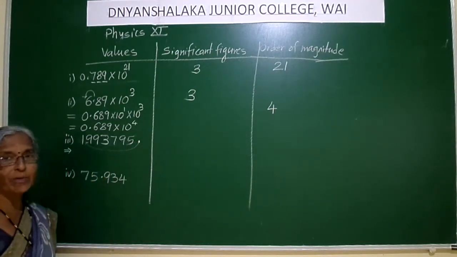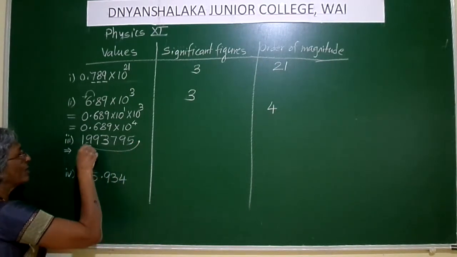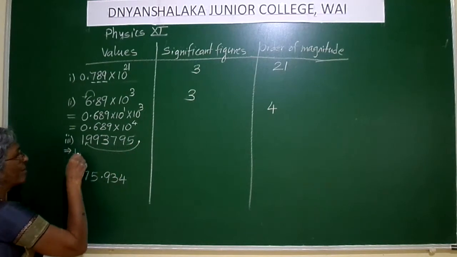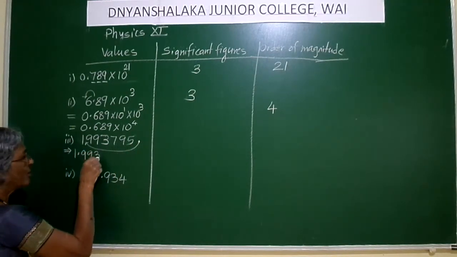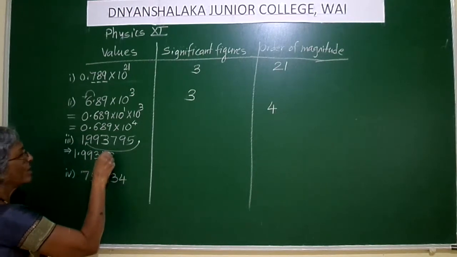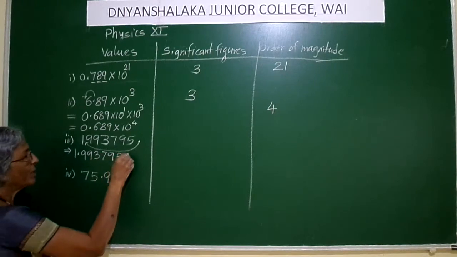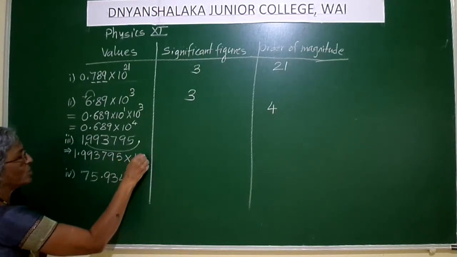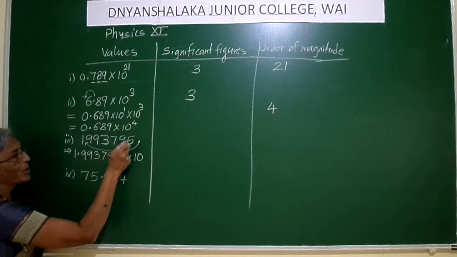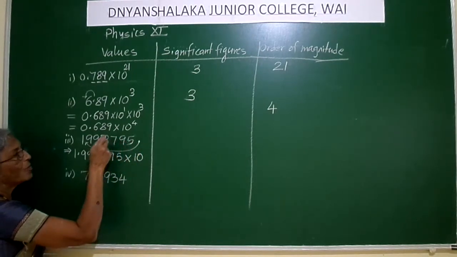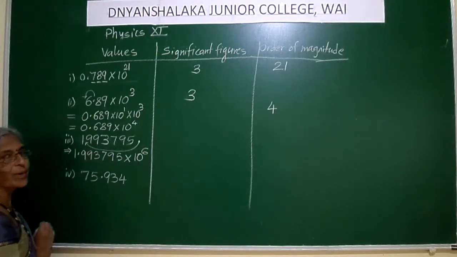Once the decimal point comes over here, this will become 1.93795. Correct? Into 10 raised to. How many digits have I shifted the decimal point? 1, 2, 3, 4, 5, 6. 6 digits I have shifted the decimal point, right?